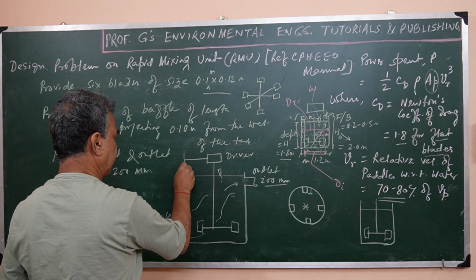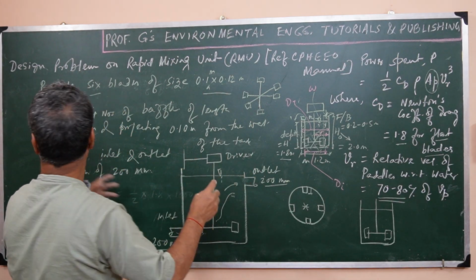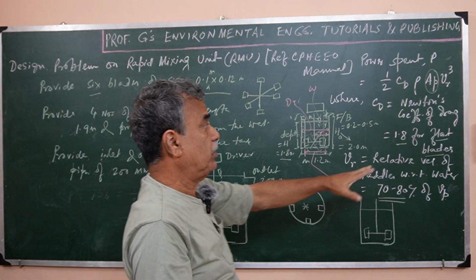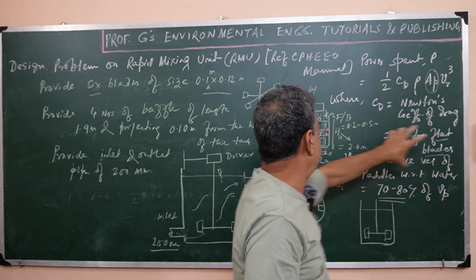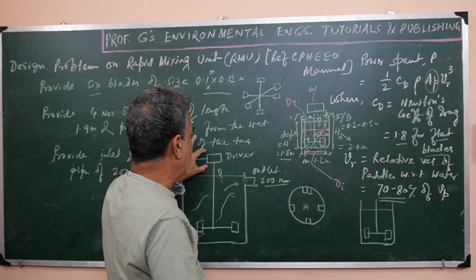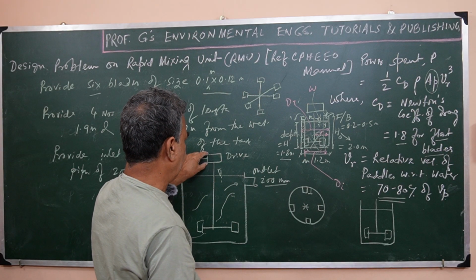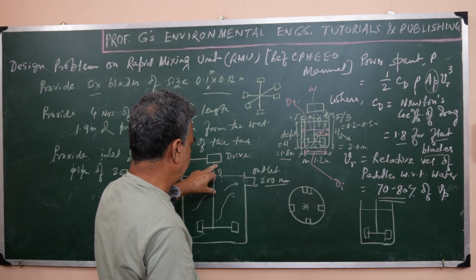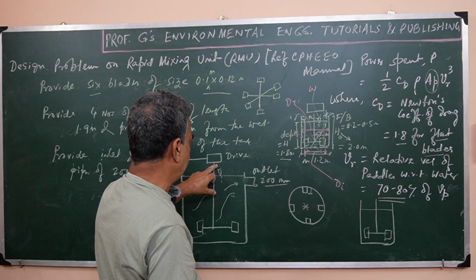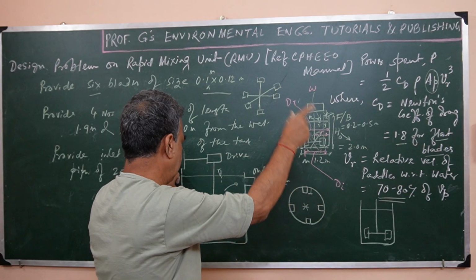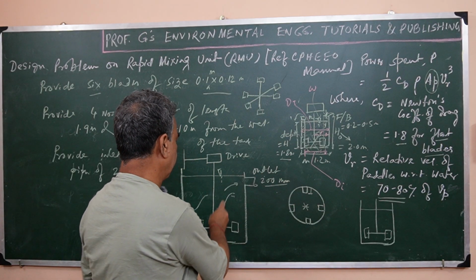So this is the main line, say, the electric line coming. It is connected to that drive, or you can say better, drive, and the power is supplied from the line. So it rotates like that.